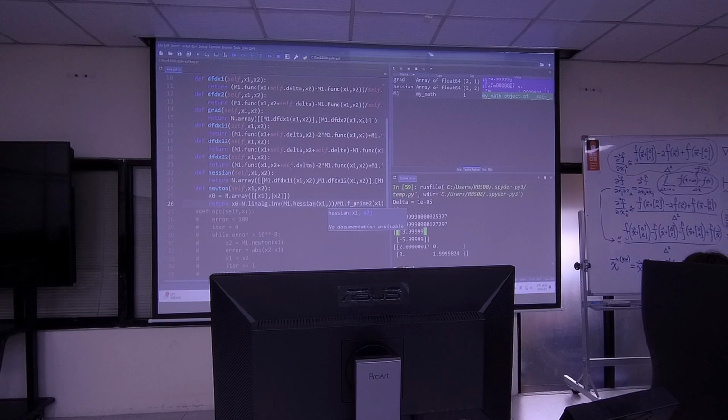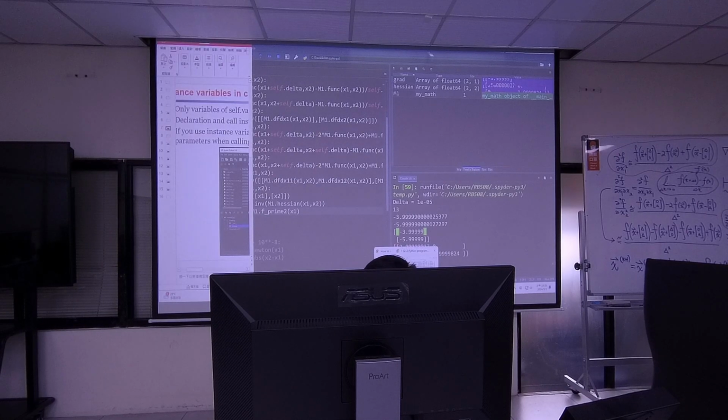And then I need to do multiply. Maybe I will cut it into two lines. So I'm gonna call it Hessian inverse. Okay, Hessian inverse is this guy. Here I can just say HI. And then I need to do matrix multiplication.